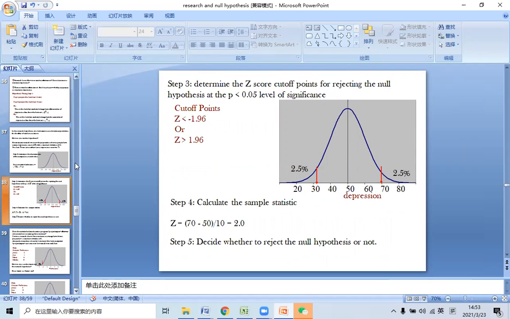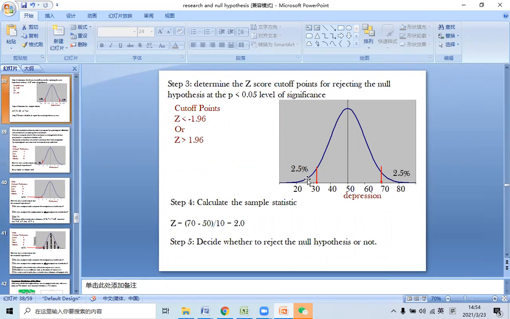You decide to reject the null hypothesis when the probability of observing your data, your sample statistic, is really rare, really low. When the p-value for your data to be observed is lower than 0.5%, that is when you reject the null hypothesis.